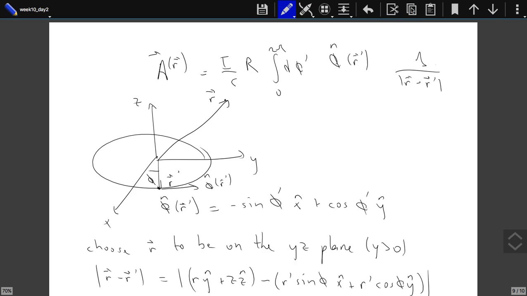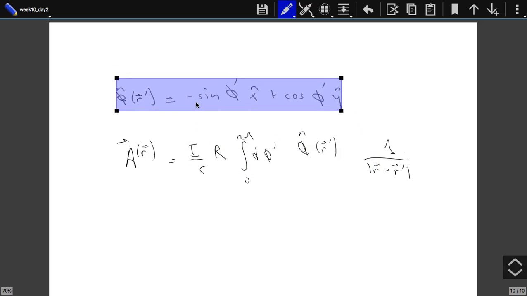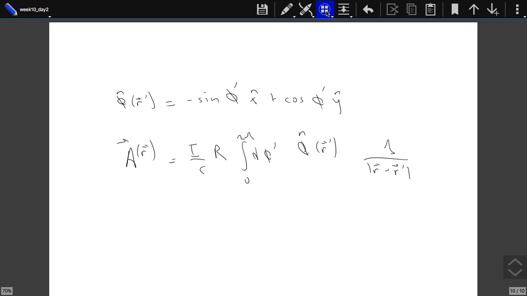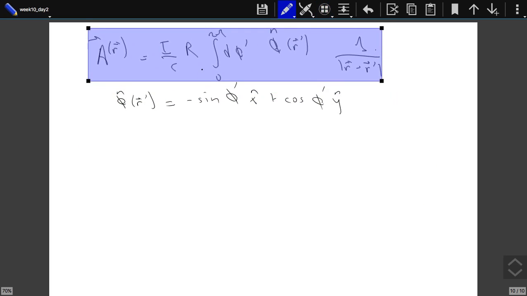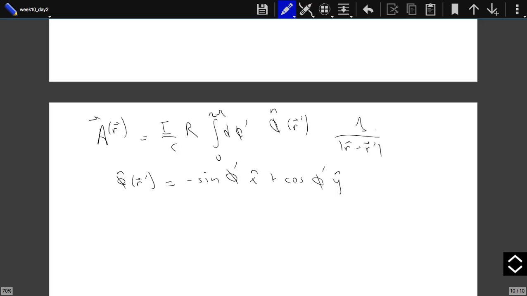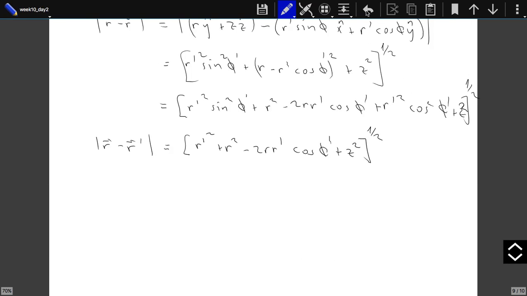This is my vector potential. And this is my phi. And r minus r prime is this one.